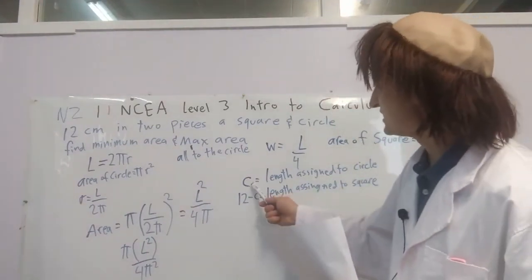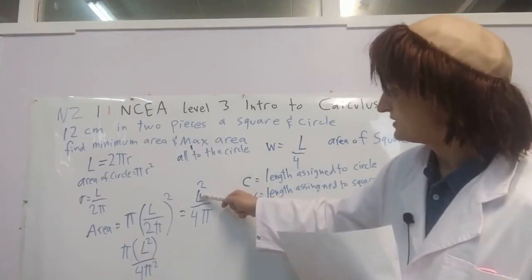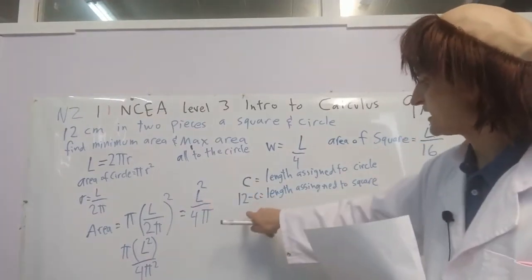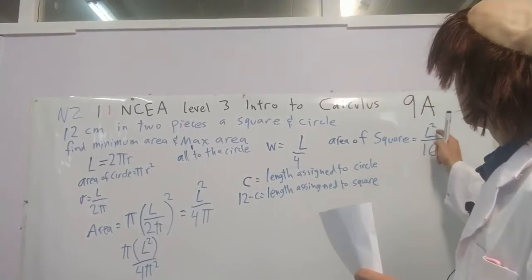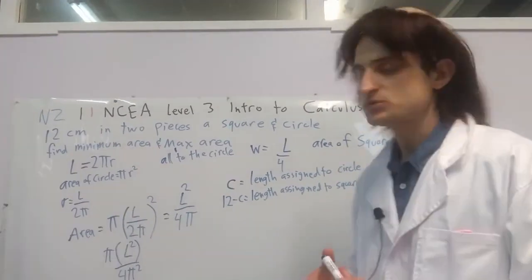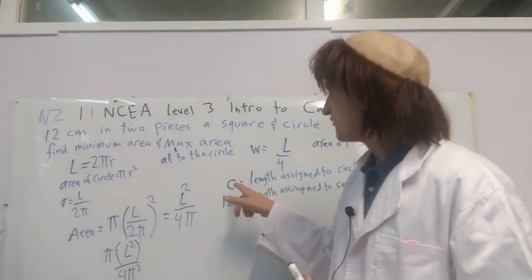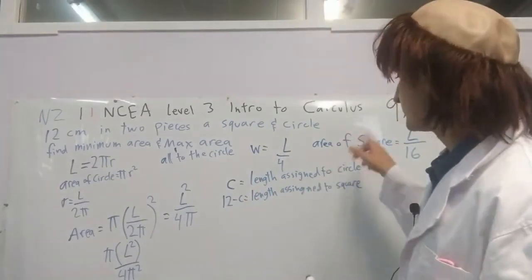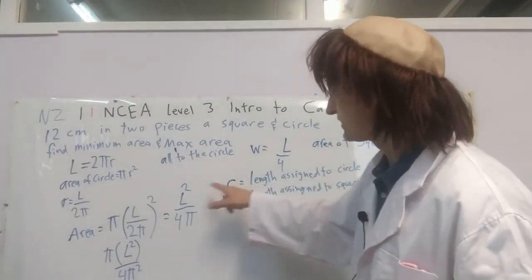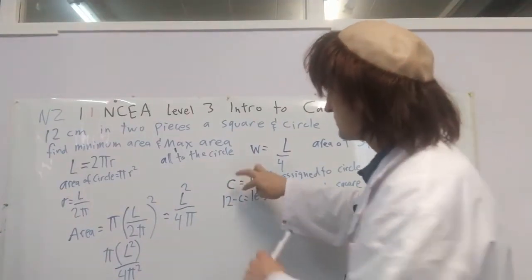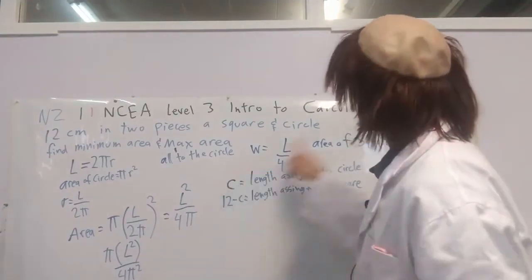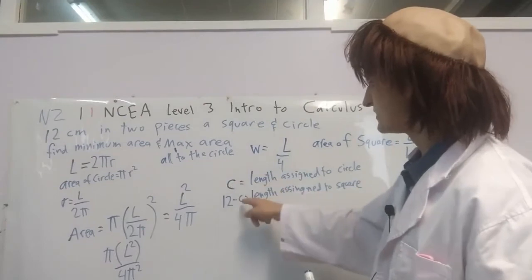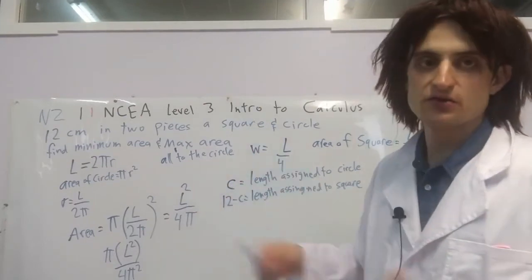I'll assign C into here for L, and I'll assign 12 minus C into here for L. So we've created our C for the circle, our 12 minus C, which gets assigned to the square, and we plug these in. Now we could assign this to the square and this to the circle, but either order works.